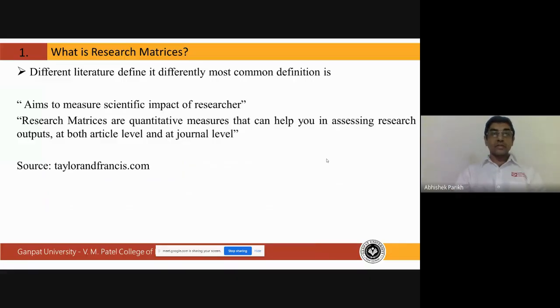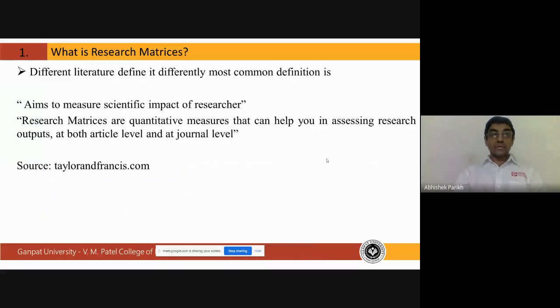Hence, it's a time of demand to measure research outputs in quantitative terms. Once we define it in quantitative terms, if one journal has an impact factor of 4 and another has an impact factor of 3, we can say that 4 is better than 3.